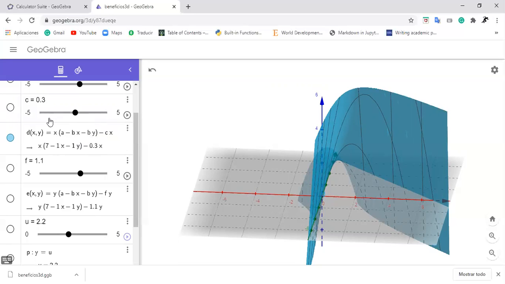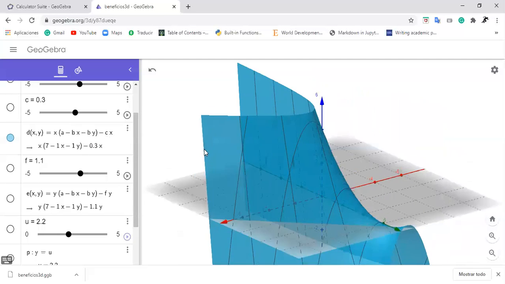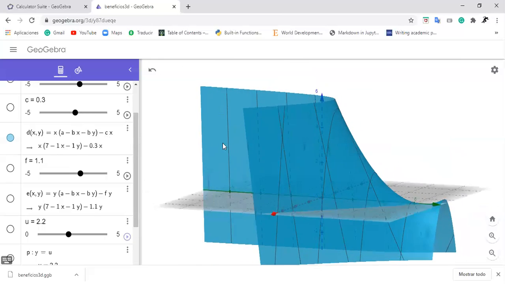So price times quantity is going to be the total income. And if I subtract from total income the total cost, this is cost per unit, and these are the units, we're going to obtain the profits, okay? So this is the equation that allows us to have this nice surface.